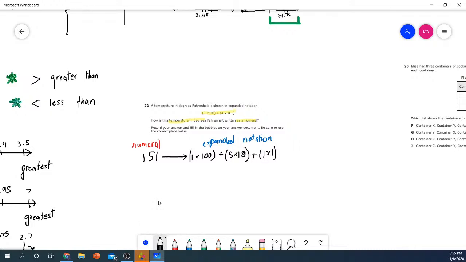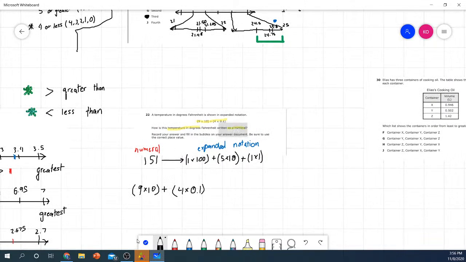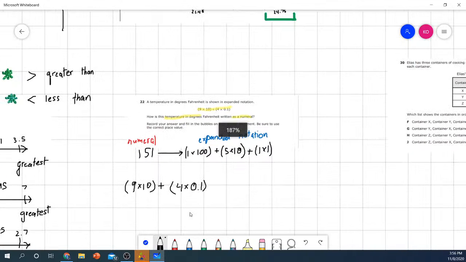Okay. So with that in mind, let's look at this expanded notation right here. Expanded notated expression right here. So 9 times 10 plus 4 times 0.1. And we have to make it into a numeral. So what would we do?